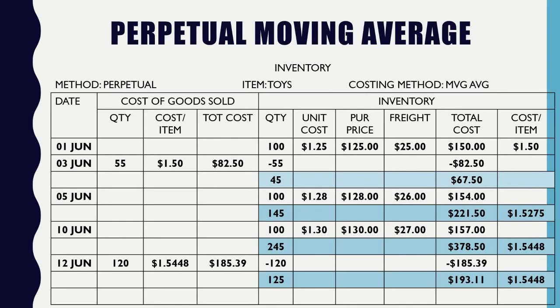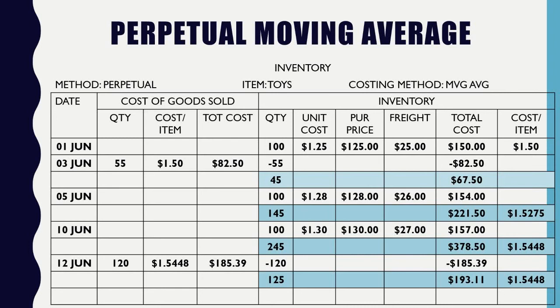But if you are selling large quantities and the amount of inventory that you had previously has dropped significantly, then the average cost per item will also change drastically. Okay, and of course, when we make purchases of inventory, if it's more expensive, then that will also skew the cost per item.